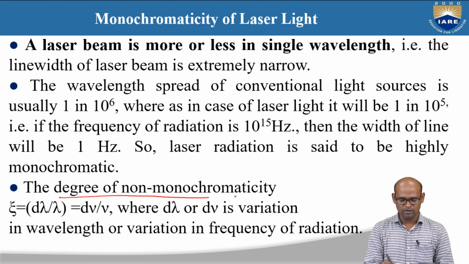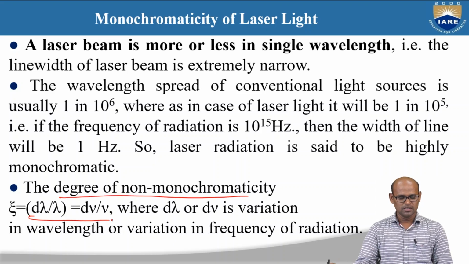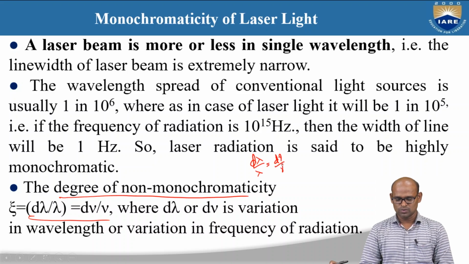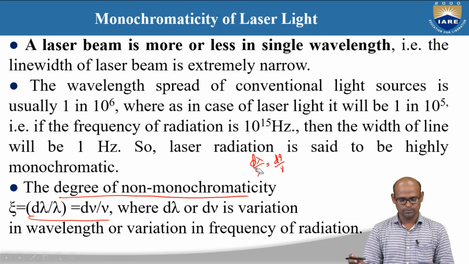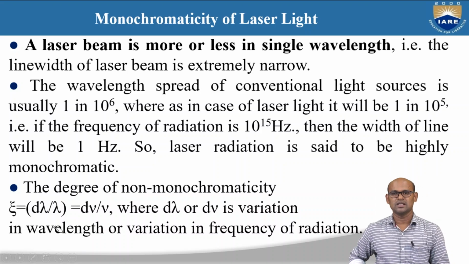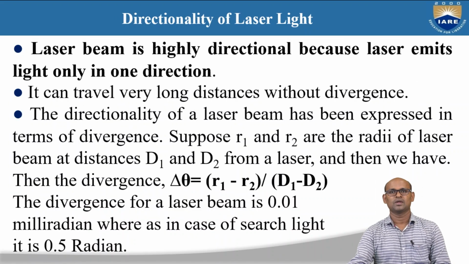You can find the degree of monochromaticity using this formula: xi, the degree of monochromaticity, is d lambda by lambda, which is equal to d nu by nu. So this is the degree of monochromaticity in wavelength, or you can calculate it in frequency. Monochromaticity basically means this laser light is going to have a single frequency.